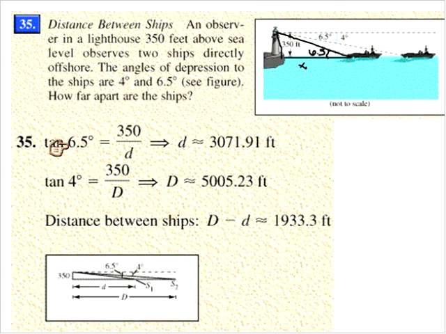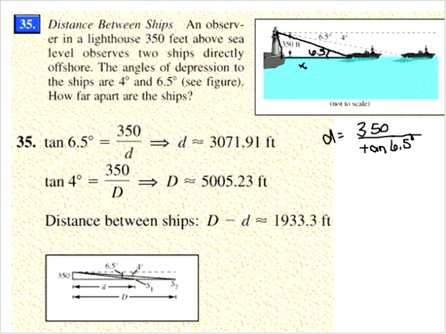So tangent of 6.5 equals opposite 350 over adjacent D. Remember, to solve for D, you really want 350 divided by tangent of 6.5 degrees. Right, that'll give you the distance of approximately 3,071.9 feet. Same idea for the further away boat.